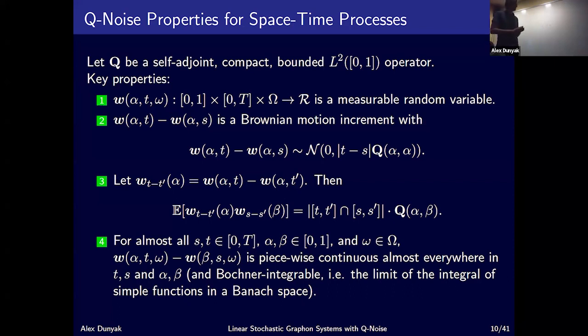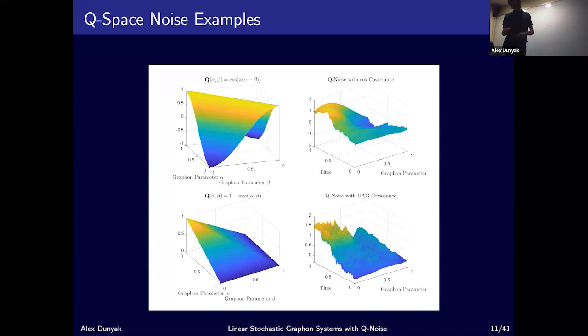As a couple of examples, the covariance operator on the top left is given by the cosine of pi times alpha minus beta. We can show a sample path of the Q-noise on the top right, where you can see that locally the system is very highly correlated over the graphon parameter here.